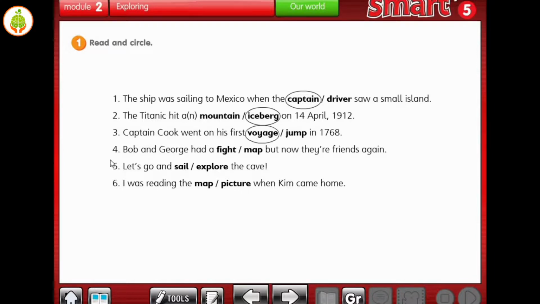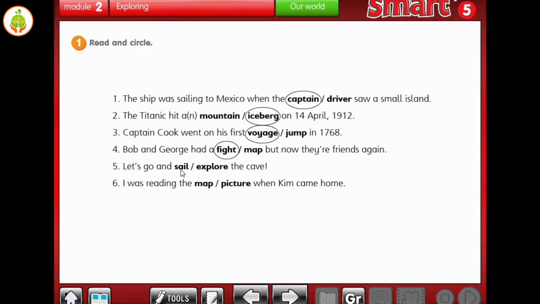He sails. Number 4. Bob and George had a fight or map, but now they're friends again. Map? No. Map means خريطة. No. They had a fight. GH is silent. Fight. They were fighting.